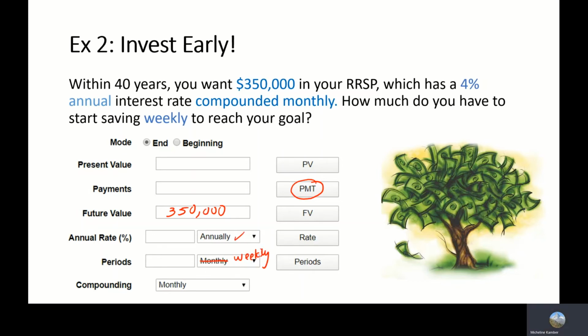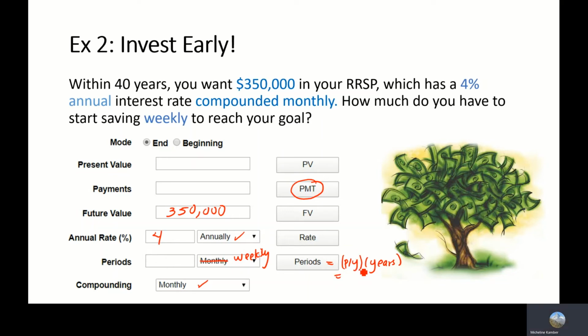We said to always keep the interest rate as annual, and it is 4%. However, it is compounded monthly, so we could leave that at the default. And how many periods? Meaning how many times would we actually be making our payments? Well, this would be payments per year times the number of years.